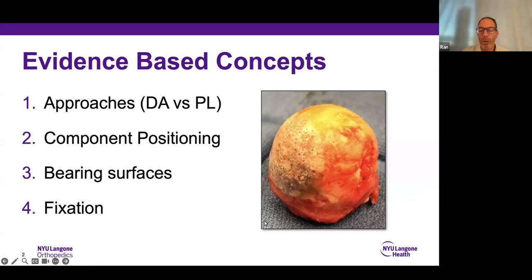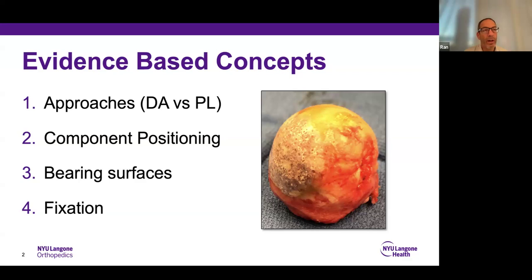So when we're doing a total hip replacement or a hemiarthroplasty, there are different approaches. There's the direct anterior approach. There is the Watson-Jones. There is the lateral approach, and there's the posterior approach.